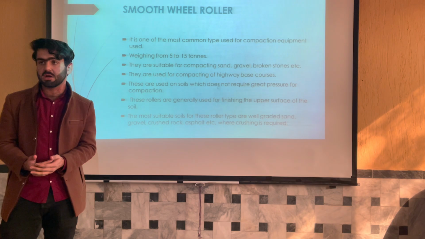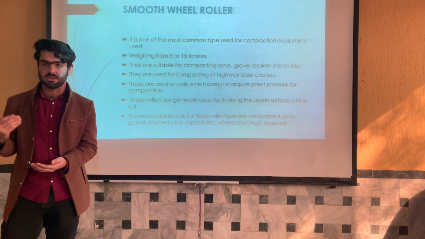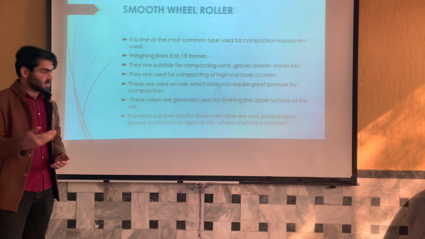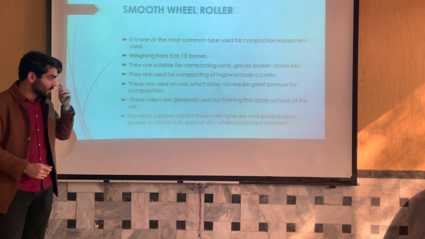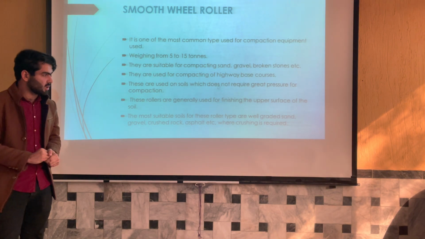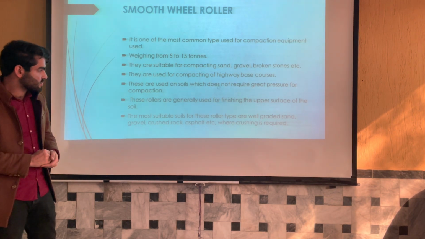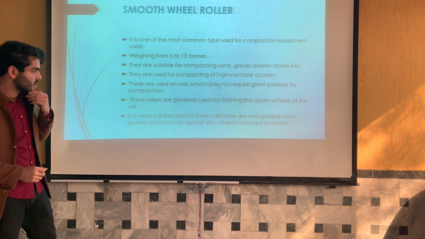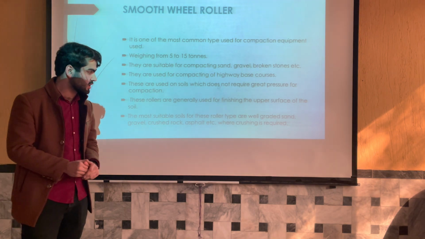This one does not have such pressure. These rollers are generally used for finishing the upper surface of the soil. The most suitable soils for this roller type are well graded soil, gravels, crushed rock, asphalt, etc. where crushing is required.